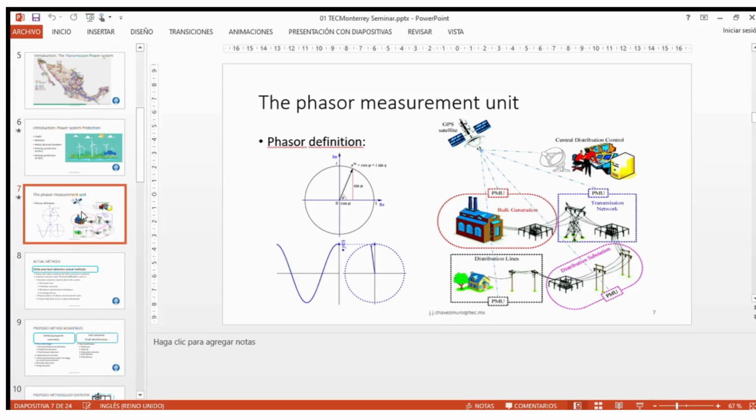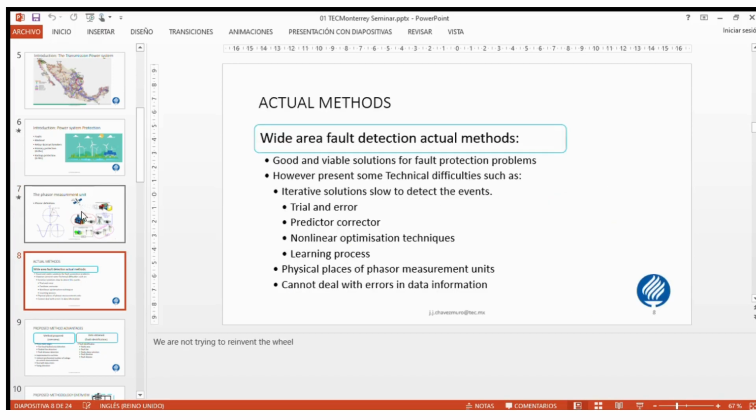If we have enough resources, speaking about computational elements, we can send all the data to the satellite and receive it in a control room.